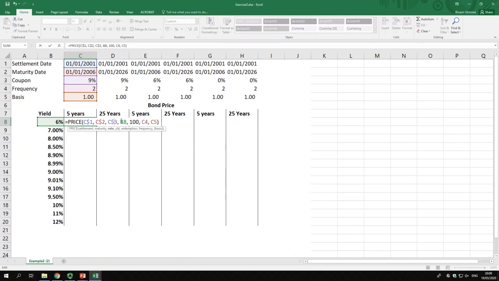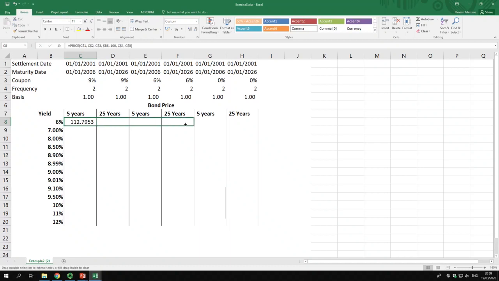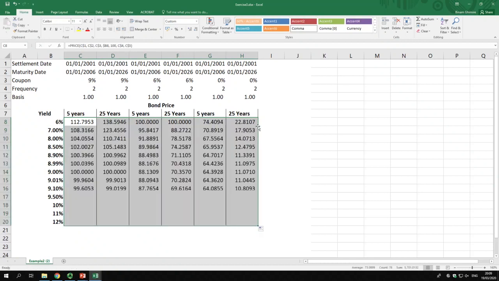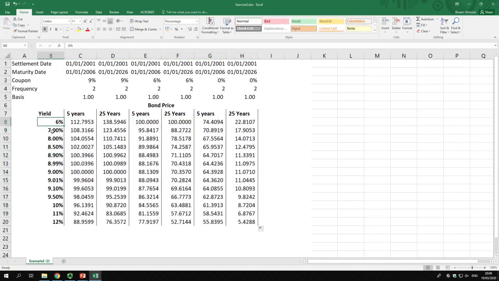In the case of B8, however, it is B that needs to be locked because the column must not change. 100 is fine, and then where it is C again, 4 needs to be locked and 5 needs to be locked. So this now means I am able to apply it for all 1, 2, 3, 4, 5, 6 of these bonds here, and I can also do this so that I get the price of the bond for all these different yields. Okay, so hopefully this is not difficult.